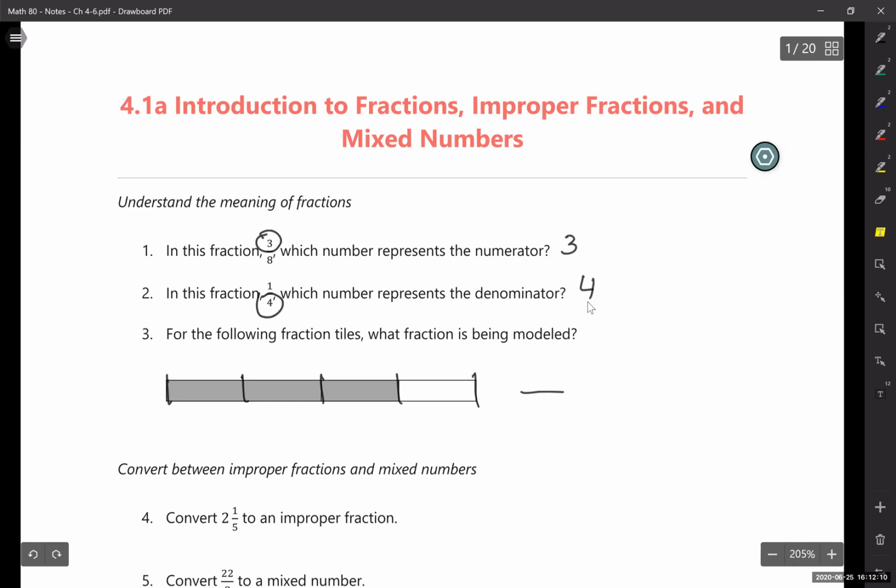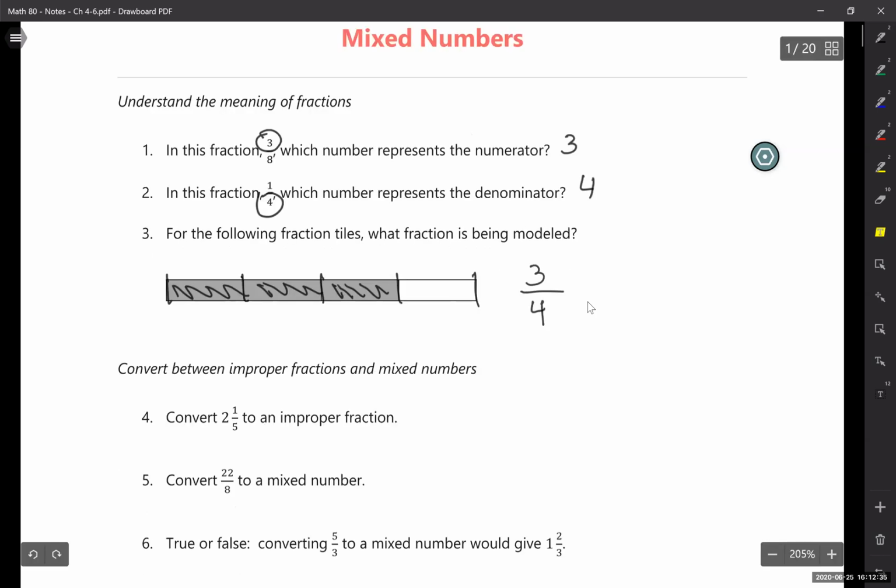The denominator is always how many pieces our circle, rectangle, or square is being cut into. Then we see that 3 of them are shaded gray, so 3 out of the 4 pieces are shaded in. That is modeling the fraction 3/4.